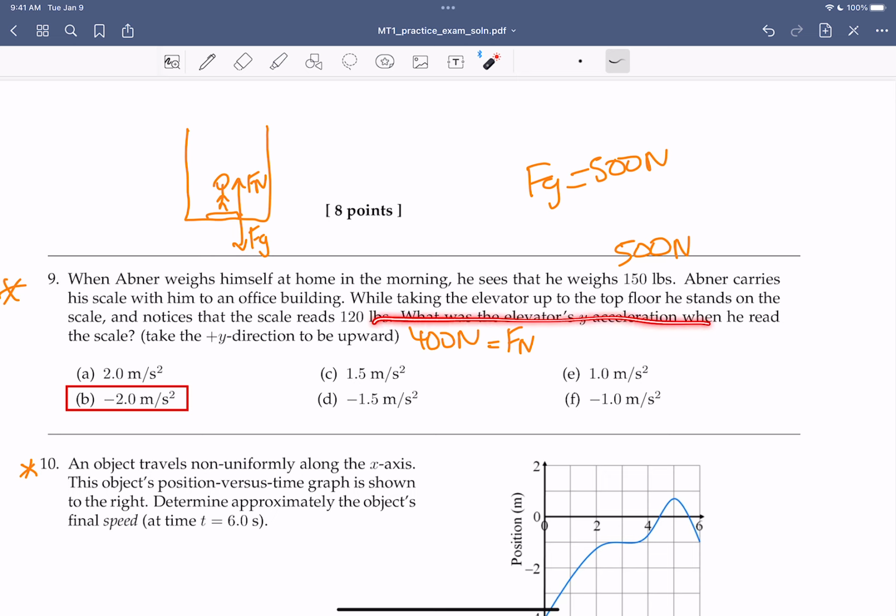Now, it says that while taking the elevator up to the top floor, he stands on the scale. Now it's asking, what's the elevator's y acceleration? So if the elevator is moving upwards, what do we have going on upwards? There should be a net blank.